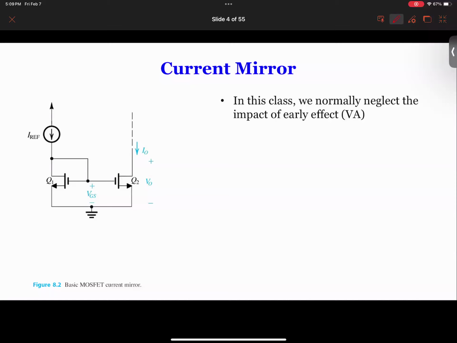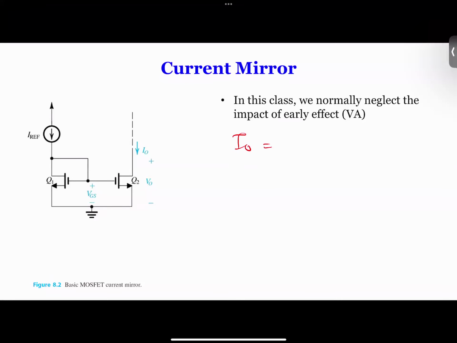Just transistors. And our output, this current source IO, is going to be the same as I reference, or IO can be I reference times a ratio, if these two don't have the same channel width and length, and you're going to see a different current.